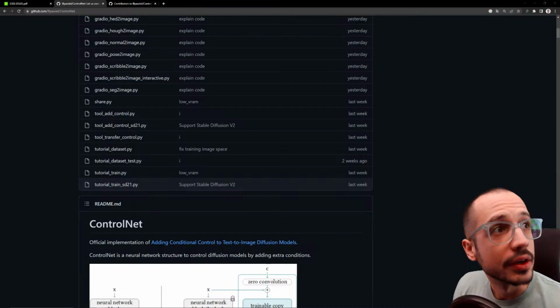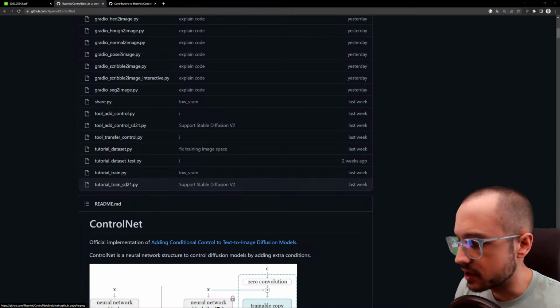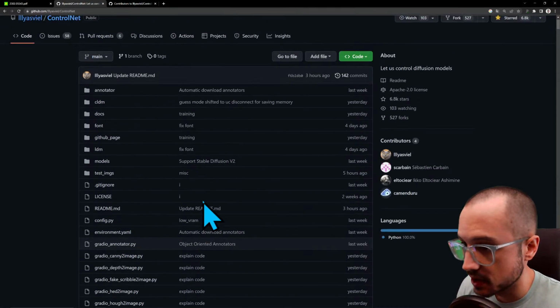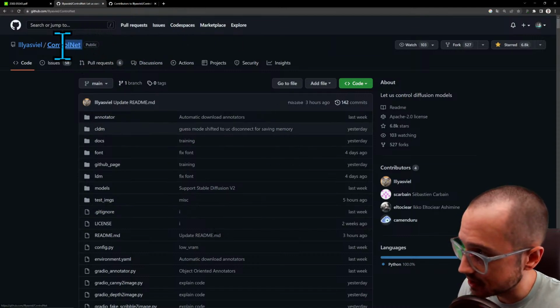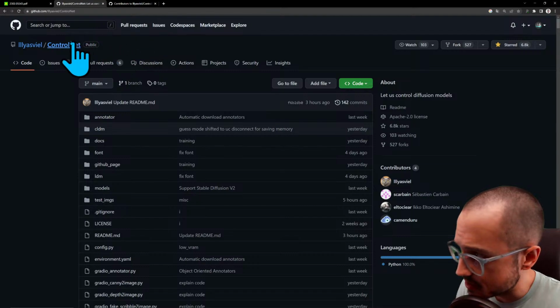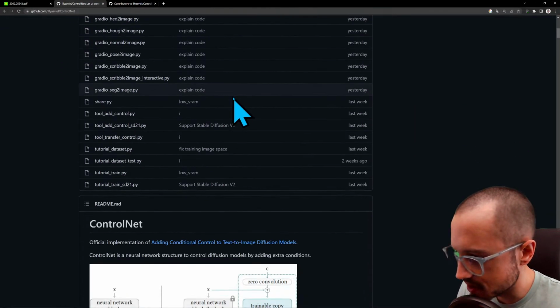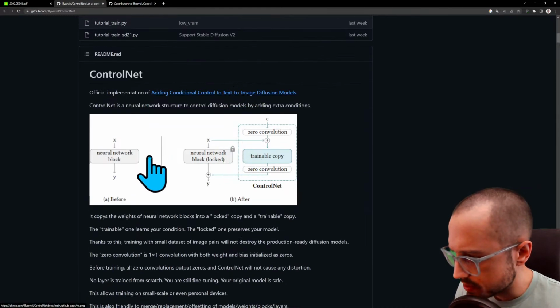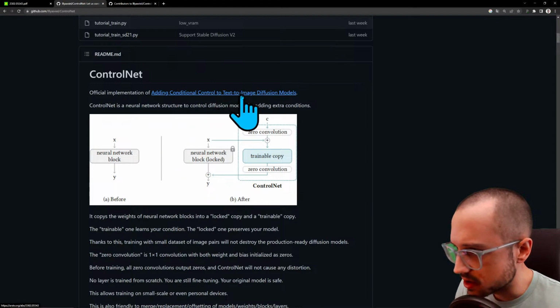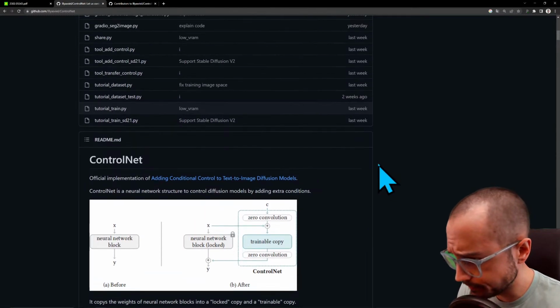All right. Get started today. The exciting day today. We're going to be looking at ControlNet. So ControlNet has been taking the internet by storm. This is a diffusion model, specifically modifications onto the Stable Diffusion model.